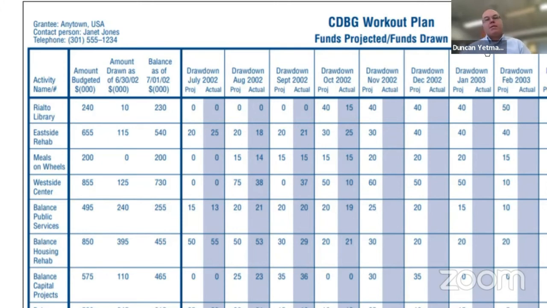So if you're not currently, or even if you are currently on pace to meet the 80% deadline and the 100% deadline, it would be good to set this up and use it to begin to monitor your compliance with those period of performance requirements.